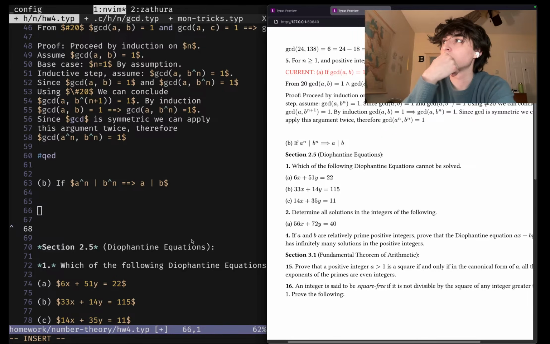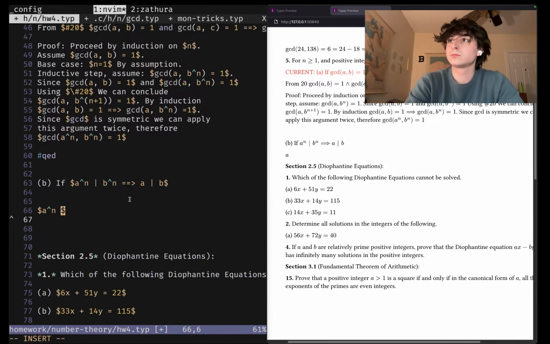That means there is some integer k such that if you multiply it by a to the n, you get b to the n. And what you want to show is that this k must be, again, an nth power of some other integer. And then what it is the nth power of, that will be your multiple of a that's next to b.